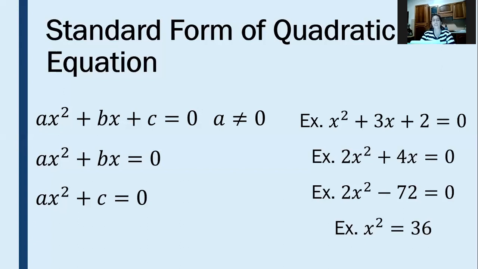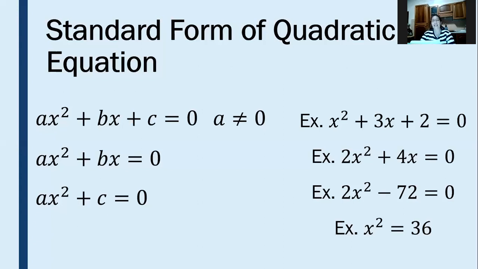As you notice, the c is gone. The example is 2x squared plus 4x is equal to 0. The value of a is 2, the value of b is 4, and c is equal to 0.